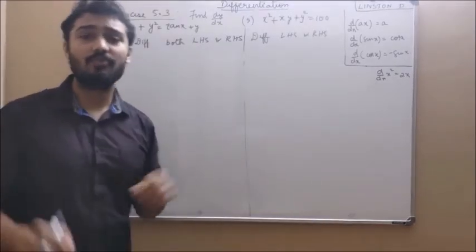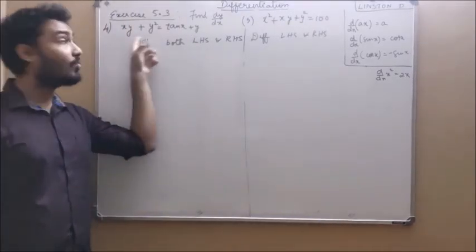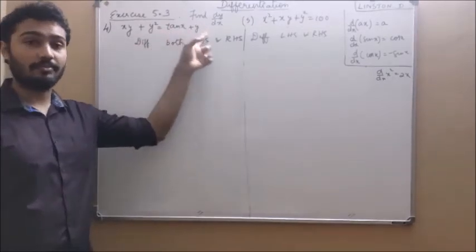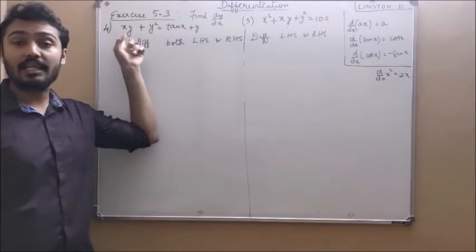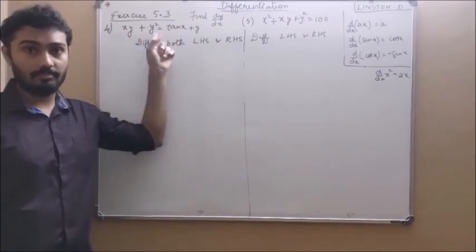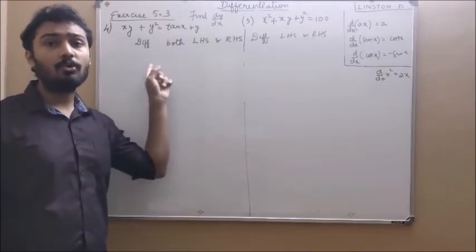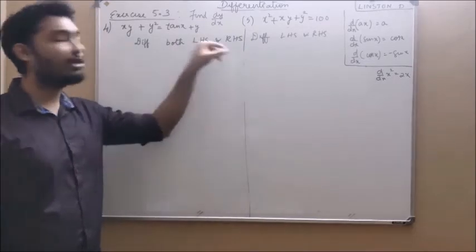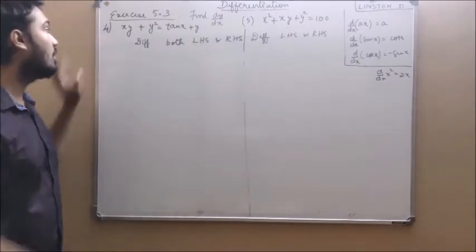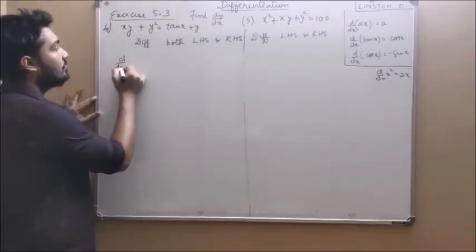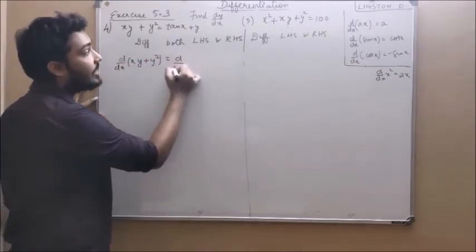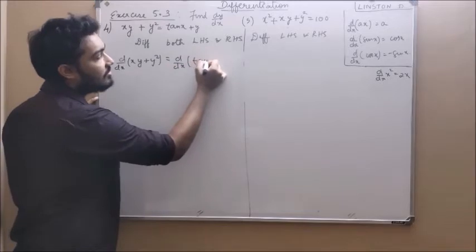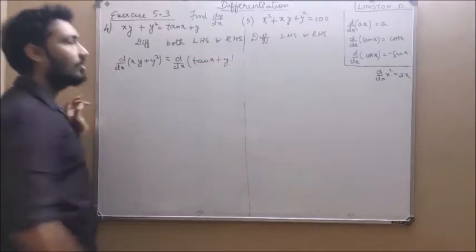Now we'll continue with the fourth question. xy plus y square equal to tan x plus y. So how to differentiate this? This is an implicit function because it contains both x and y together. Now differentiate both left side and right side. So differentiate both LHS and RHS. What you get? So d by dx of xy plus y square equal to d by dx of tan x plus y.